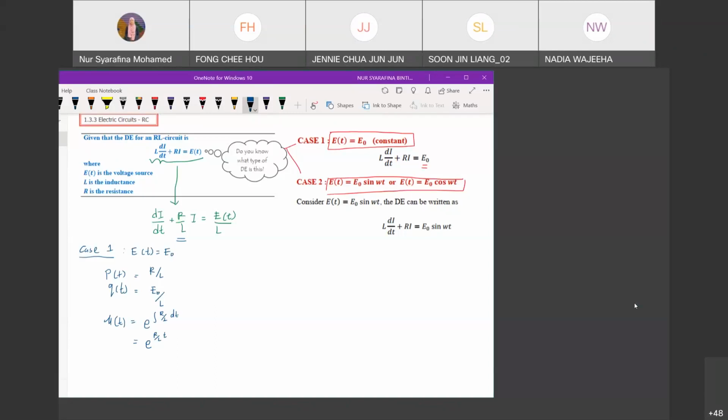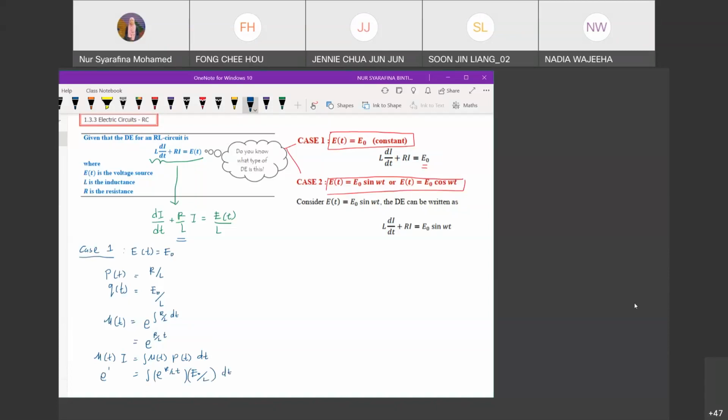Okay, and then for the solution, you should just put mu(t) times I equals integrate mu(t) times Q(t) with respect to t. So this one you should have integrate exponent R over L t times E naught over L. This is a constant. Okay.